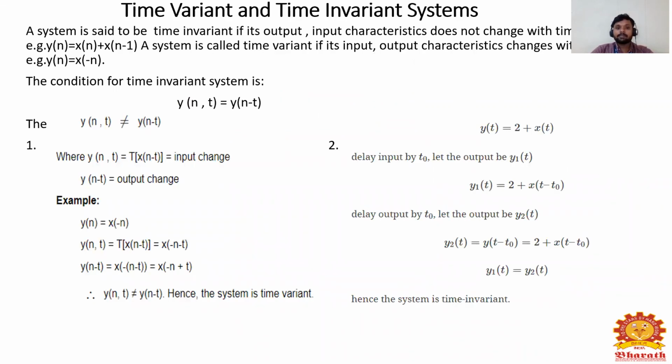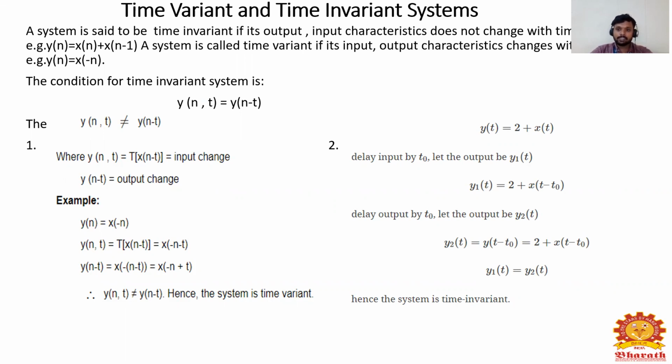Time variant and invariant means y of n comma t must be equal to y of n minus t. If it satisfies this condition, then the system is called time invariant. If y of n comma t is not equal to y of n minus t, then that system is called time variant. We have seen 2 examples for this.